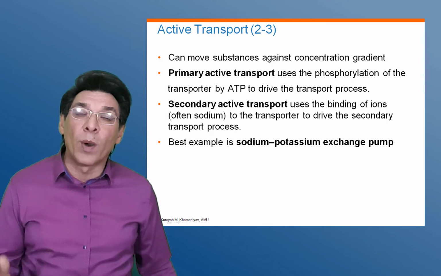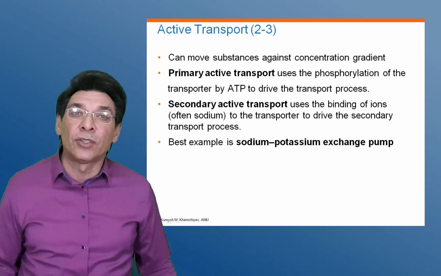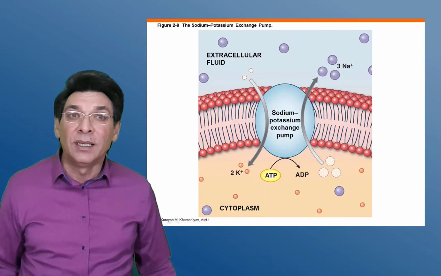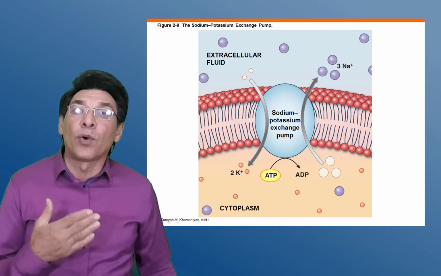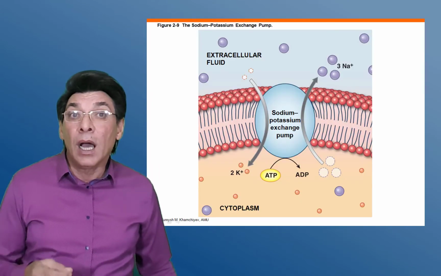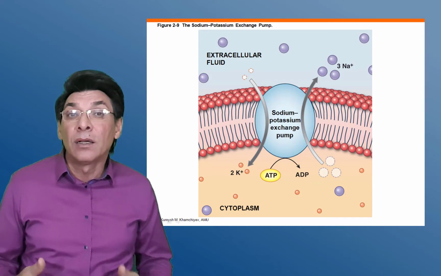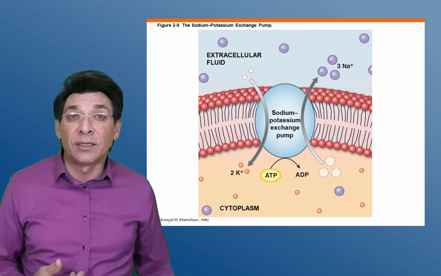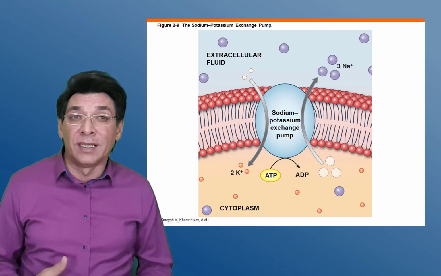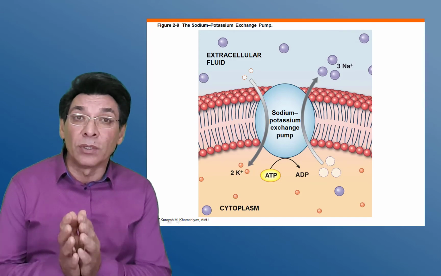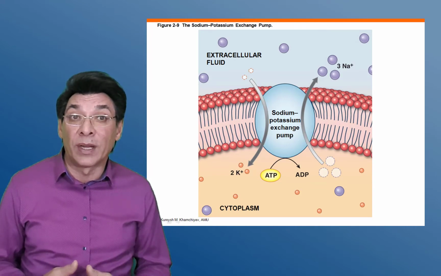Active transport requires the input of energy from ATP. This ATP is required because molecules are being moved up or against their concentration gradient. It's proteins that move these molecules against their concentration gradients.